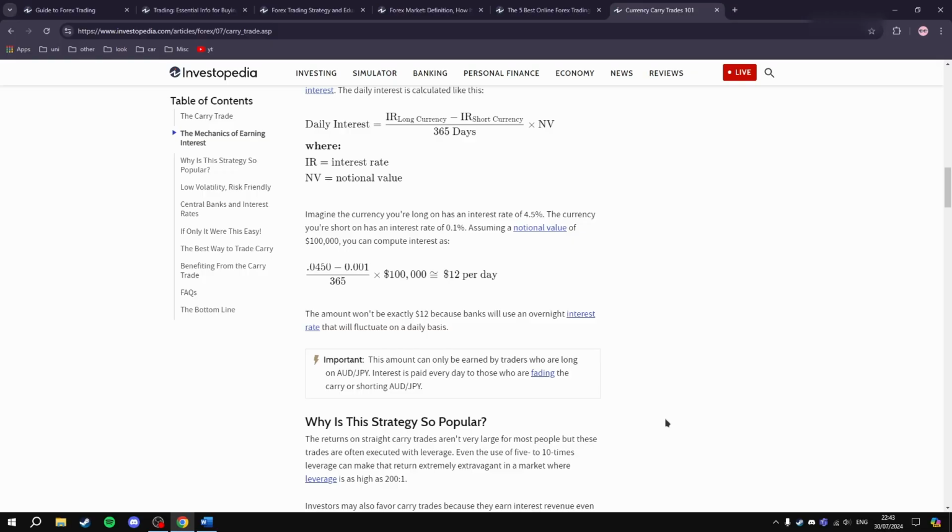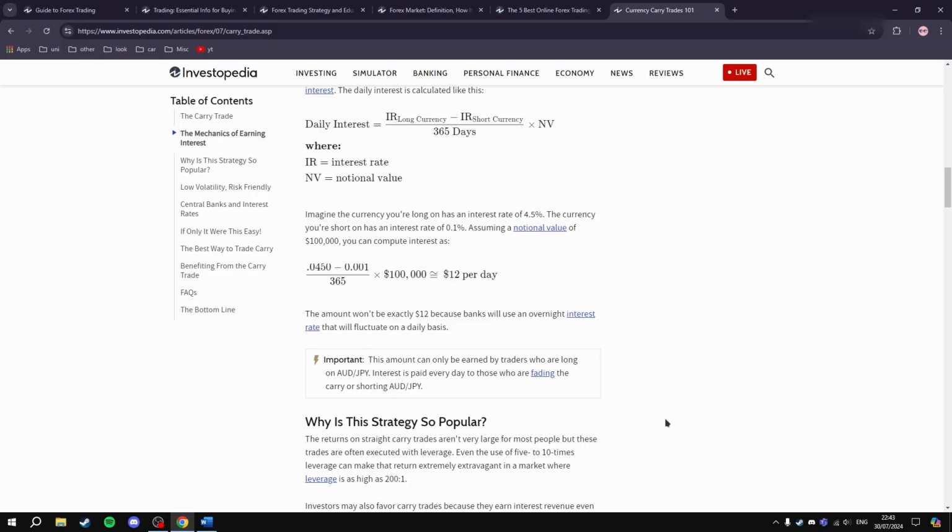Important: this amount can only be earned by traders who are long on AUD/JPY. Interest is paid every day by those who are fading the carry, or shorting AUD/JPY.